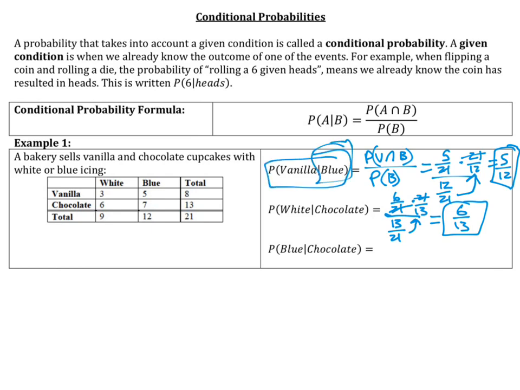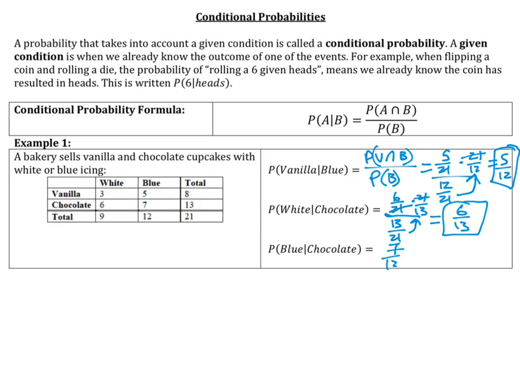And of the blue ones, how many of those are vanilla? You count that there's 12 blue and there's 5 vanilla, so it's 5 12ths. Yeah, you can kind of go straight to your answer. So this one here, what's the probability it's got blue frosting given it's chocolate? Well, you go to your chocolate ones and you figure out how many are blue frosting, and that's 7 of the 13 cupcakes.